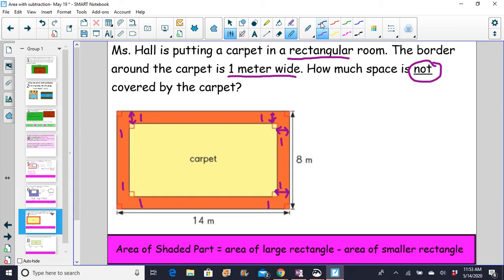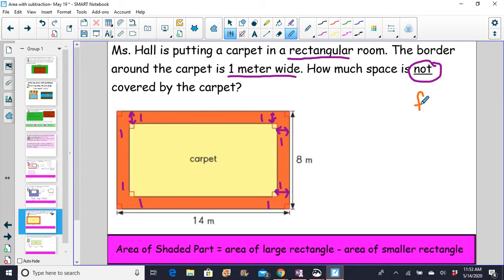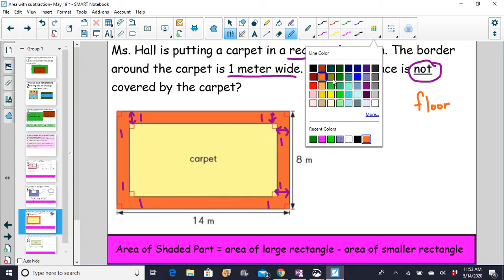Start by decomposing this into its separate rectangles, find the area of each, and then we'll subtract, okay? So I have the carpet and the floor. So I'm going to go ahead and write out, I've got the floor, okay, that's the orange. I'm going to have to find the area of the floor. And then I also have that yellow carpet.